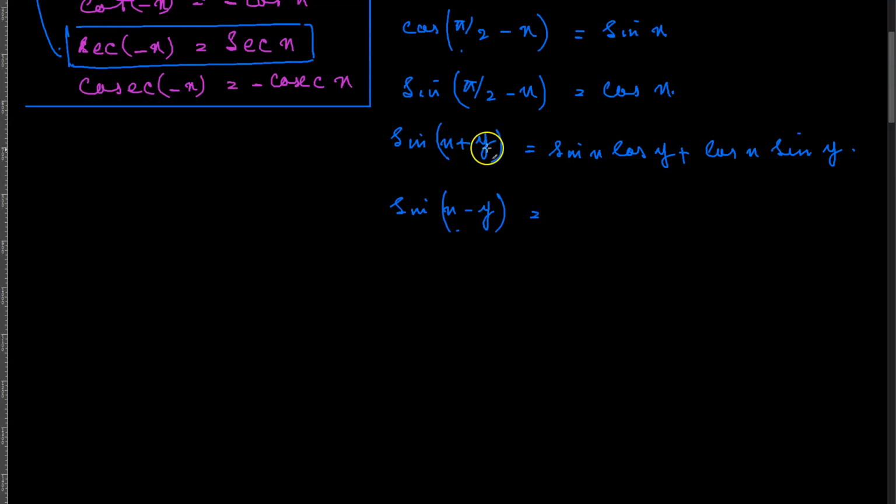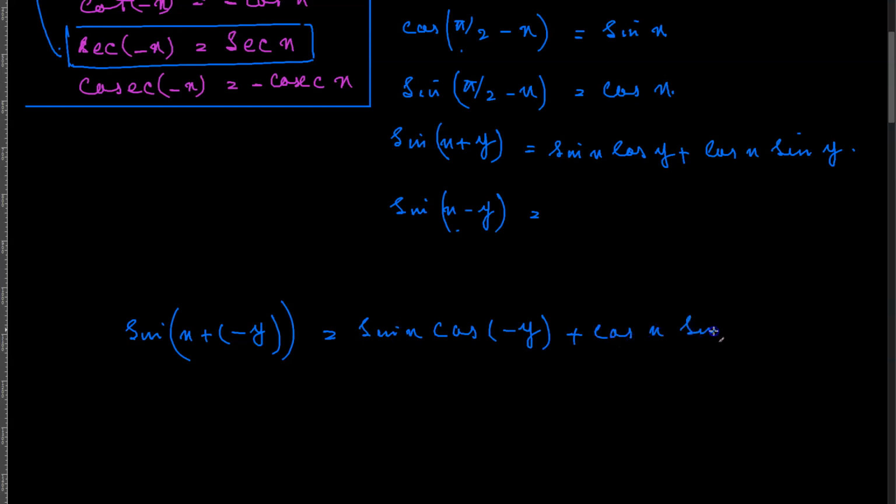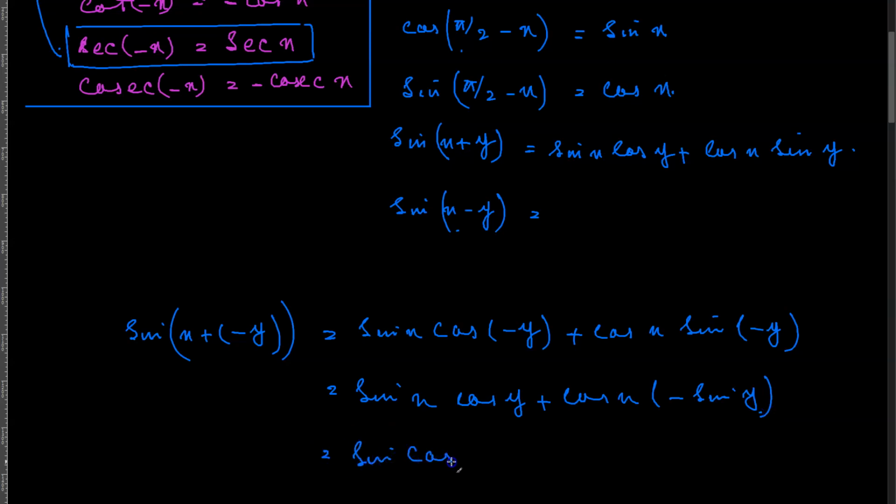which I can write simply as sin of x plus negative y, and then I will have sin x cos negative y plus cos x sin negative y, which is equal to sin x cos of negative y, which is cos y, and cos x sin of negative y, which is negative sin y, which means that I have sin x cos y minus cos x sin y.